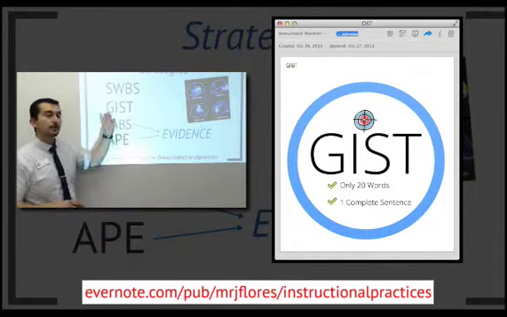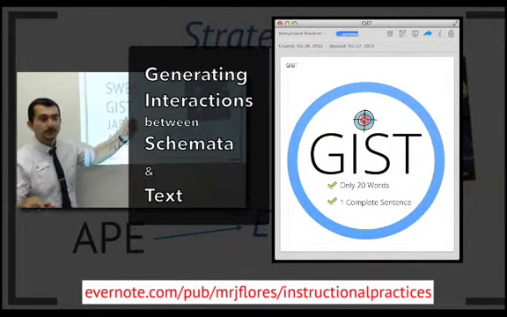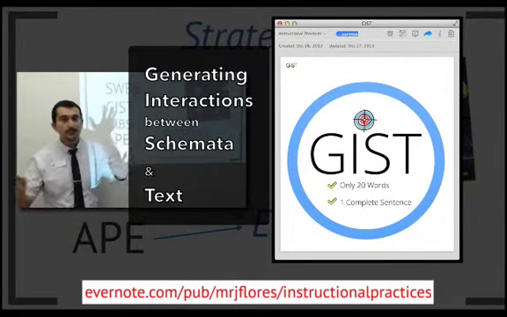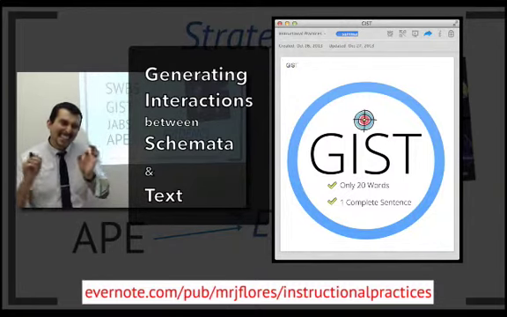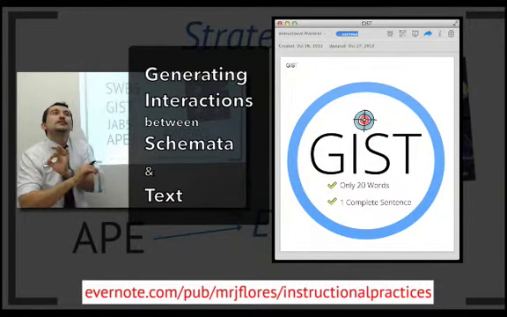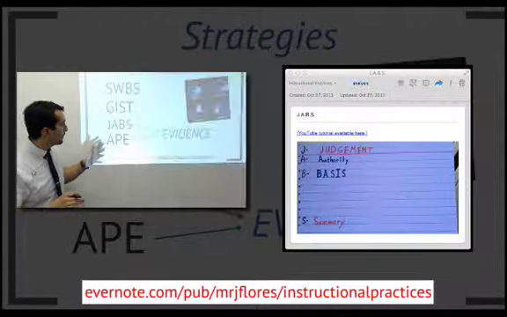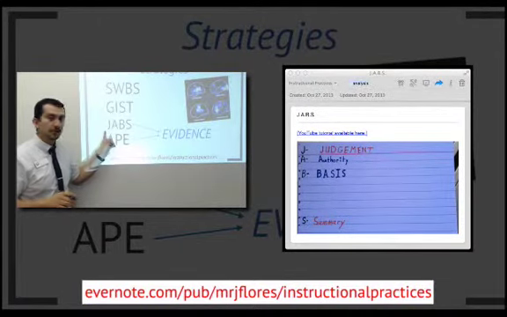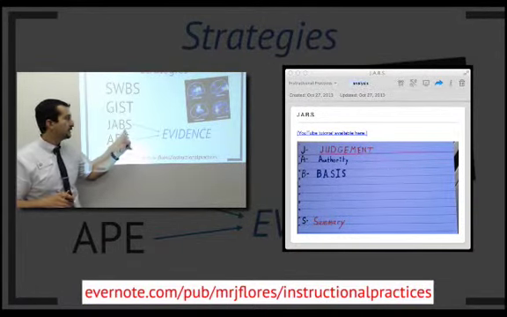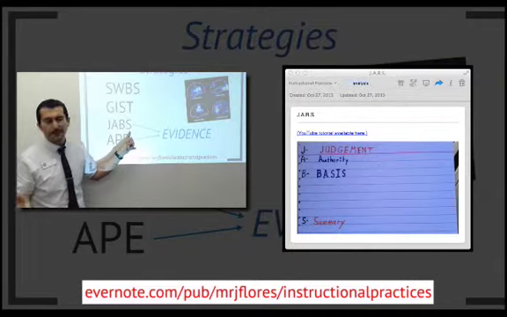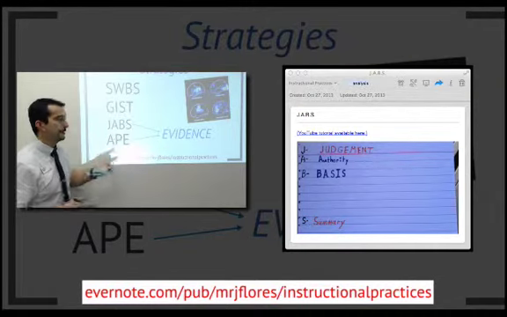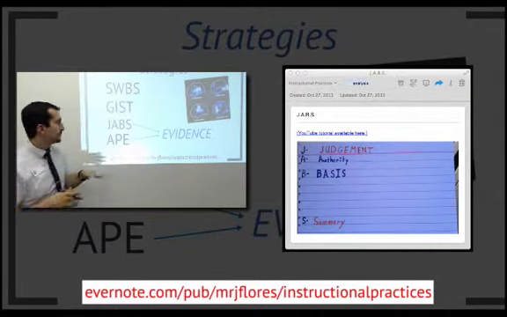GIST, I don't know what the acronym stands for, but I know what a GIST is. A GIST is a 1-sentence summary written in exactly 20 words. It drives students crazy. It's a lot of fun. And JABS stands for Judgment, Authority, Basis, and, of course, Summary. You can switch it out for stance too at the end. Stance, JABS.